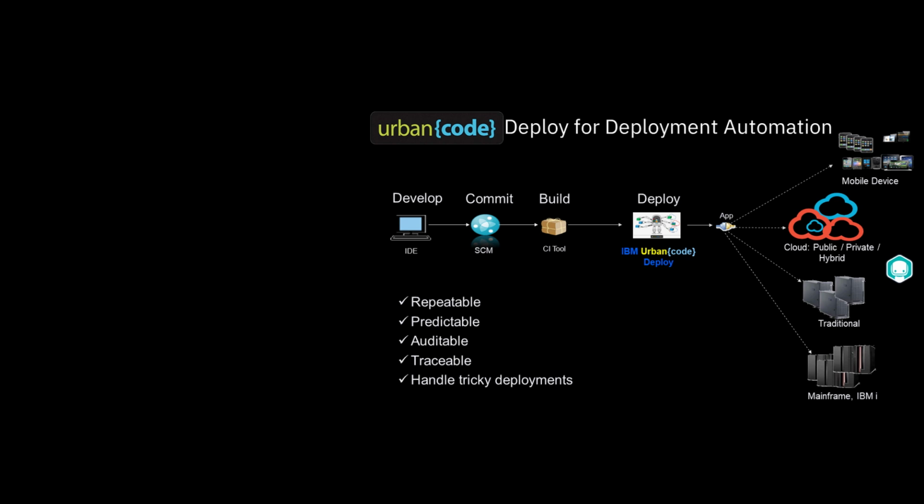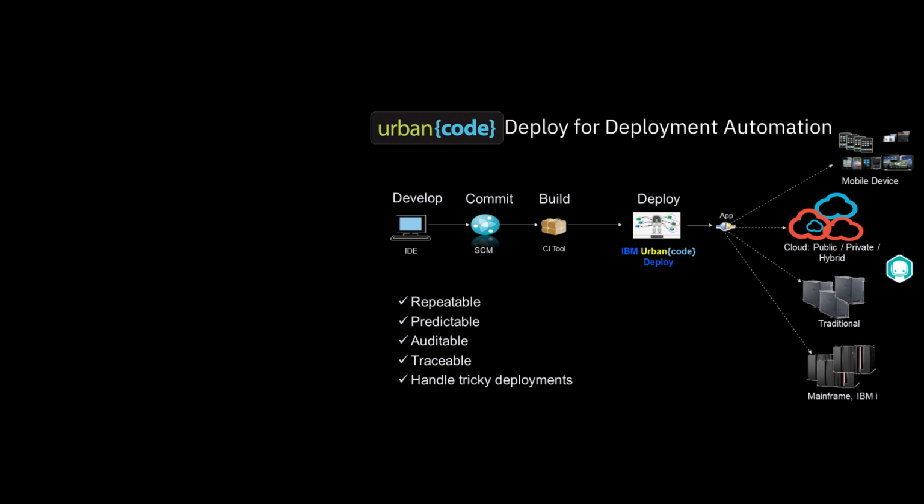Development happens in development tools. The developer commits code changes to an SCM. This triggers a build of the software using a continuous integration tool, and the software is deployed automatically, in this case with UrbanCode Deploy, to any target environment, dev, test, or prod, on any platform.